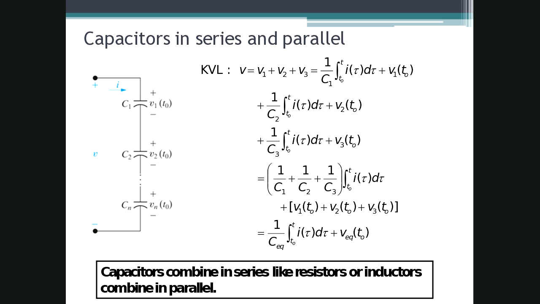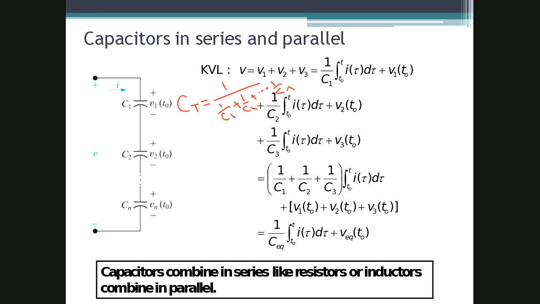Now let's look at capacitors in series. So again, capacitors in series, we add them the way we would resistors in parallel or inductors in parallel. So in this case, the formula for total capacitance, and again, this is for a series network, would be equal to 1 over C1 plus 1 over C2 plus dot dot dot 1 over C to the n.